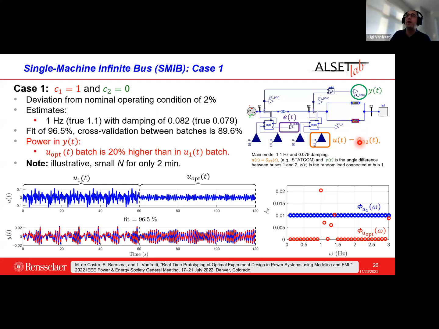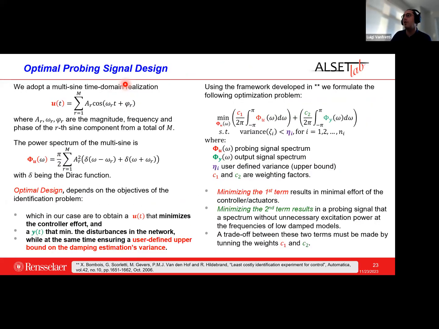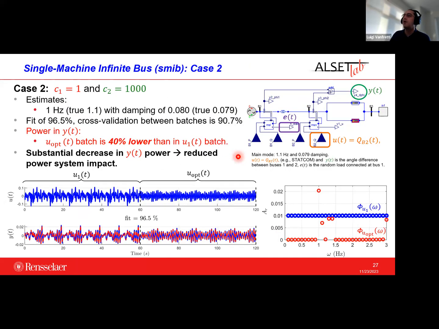This could be done with equipment like a static var compensator, or devices that only inject reactive power. Now, the next thing we're going to do is set the second weight to 0 in the optimization problem. So effectively, we will only solve for the energy of the probing signal, and we're not going to pay any attention to the output.